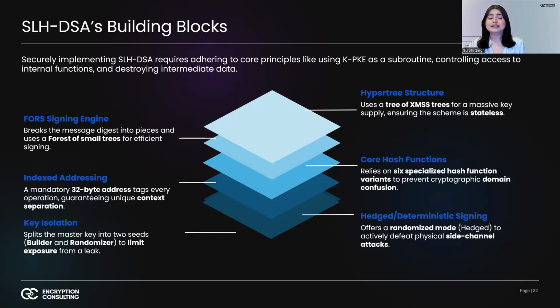The hypertree is not a single structure, it is a tree of many smaller trees. The architecture is built with multiple layers of XMSS trees stacked on top of each other. The root of a signature tree on a lower layer is always signed by a key on the layer directly above it. This chaining process continues up to the final topmost root, which is the master public key.